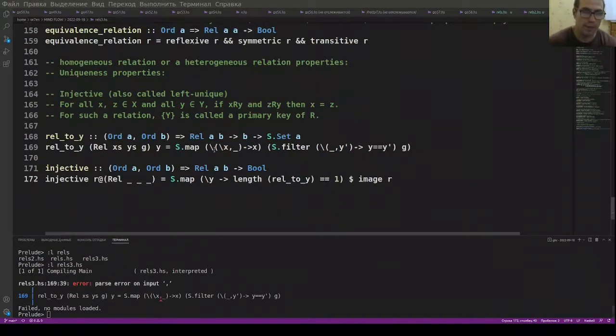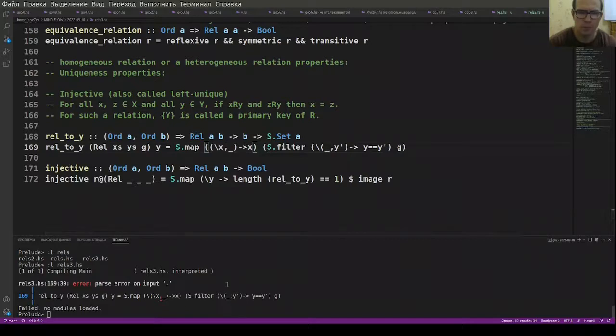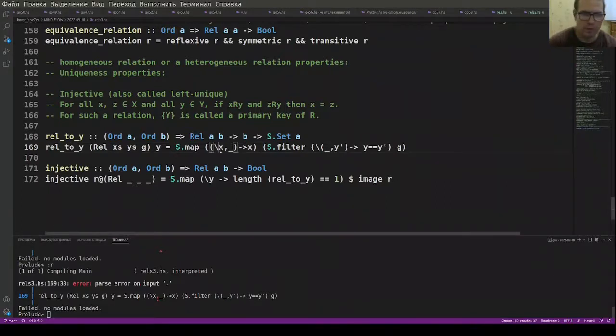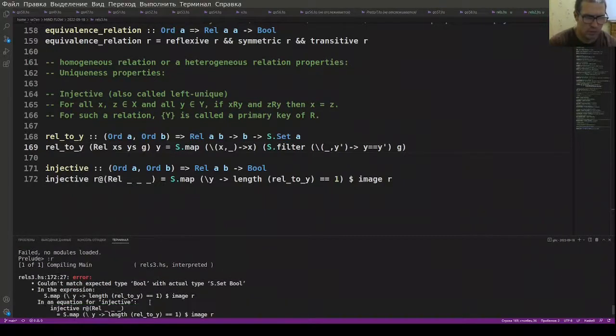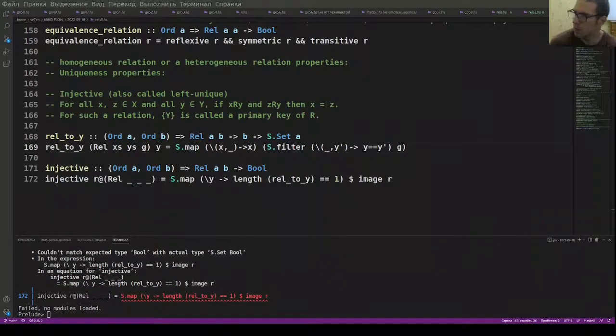So I try to compile and have this error. I have some typing errors here. I think we need to improve it like this. Oh, this lambda sign, why is it here? It must be here. Okay. Here, of course, then I mapped all my image to these booleans.